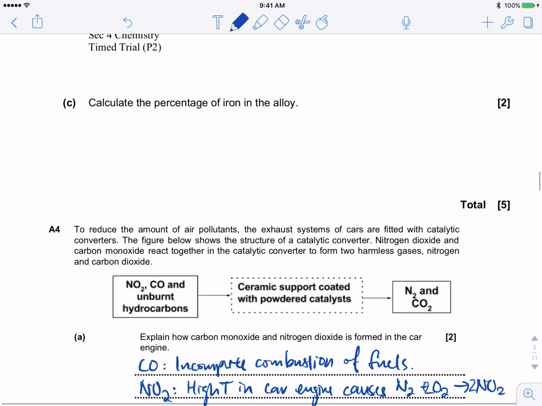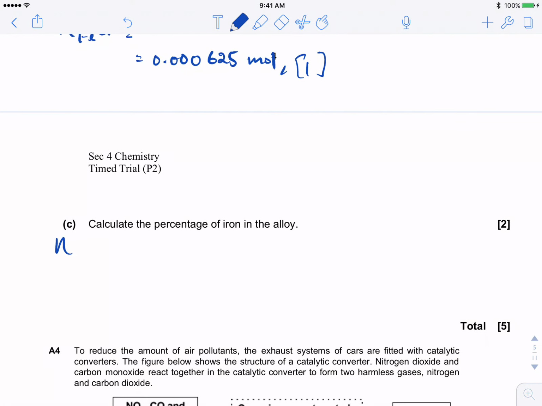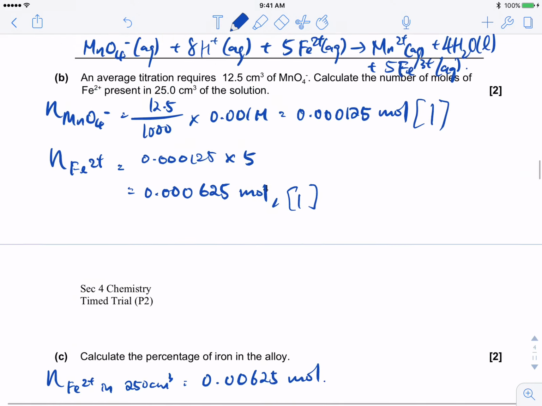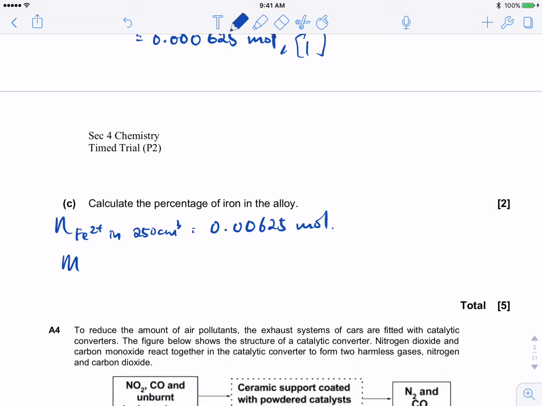Calculate the percentage of iron in the alloy. After I calculate the number of moles in 25 cm3, I can find the number of moles of Fe2 plus in 250 cm3, which is times 10, so 0.000625 mole. If that's the number of moles of Fe2 plus, I can find the mass of Fe in the alloy.